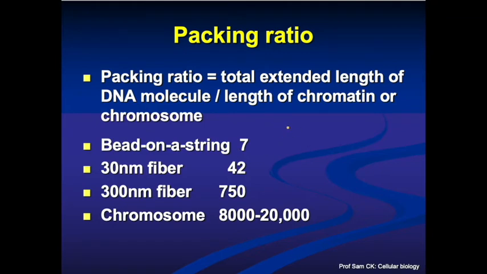Just for an example, the shortest human chromosome contains around 4.6 times 10 to the power of 7 base pairs of DNA.